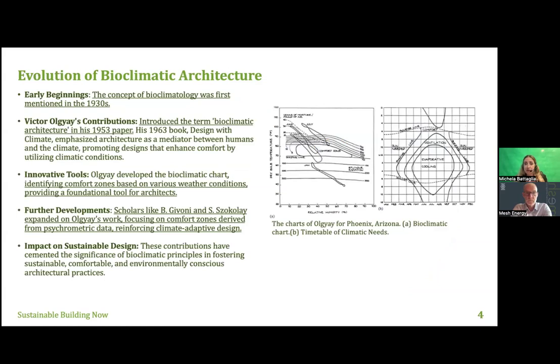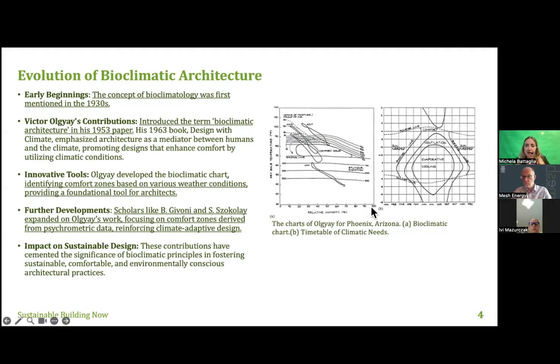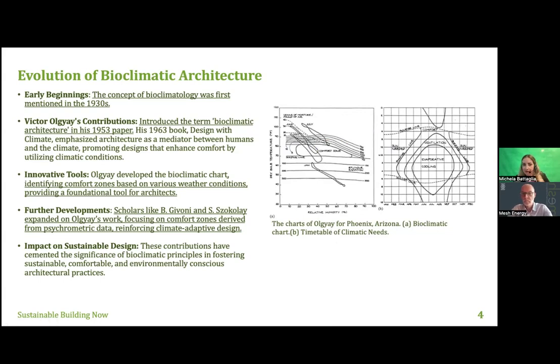Let's see the evolution of bioclimatic architecture. The concept of bioclimatology was first mentioned in the 1930s. Then Victor Olgyay, with his paper in 1953 and his book in 1963, started to analyze the comfort zone based on different climate zones. He developed this bioclimatic chart that you can see on the right, which provides tools for architects.